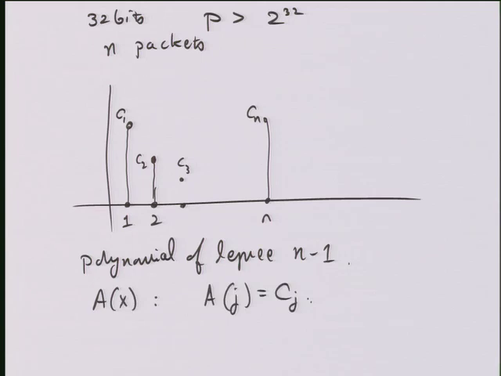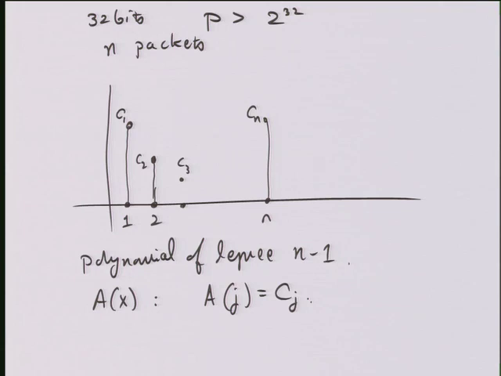Okay? So those are 100 points. Those are 100 packets. So now we want to create 5 more packets. How do we do that? Right? So our packets are just the evaluation of this polynomial at these points 1 through n.